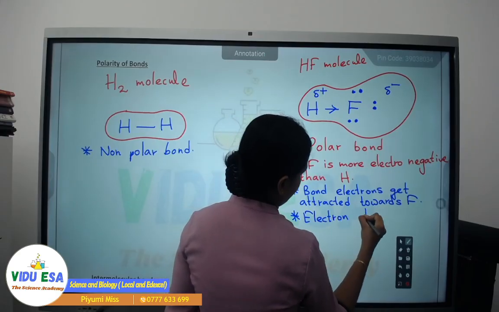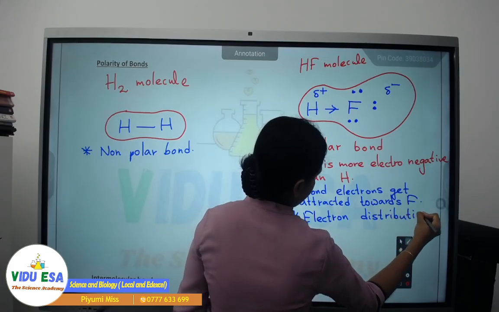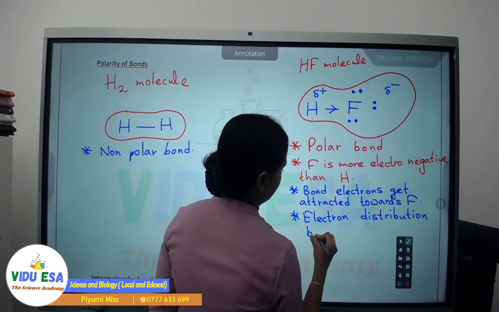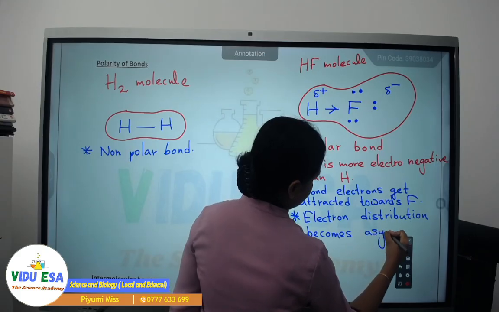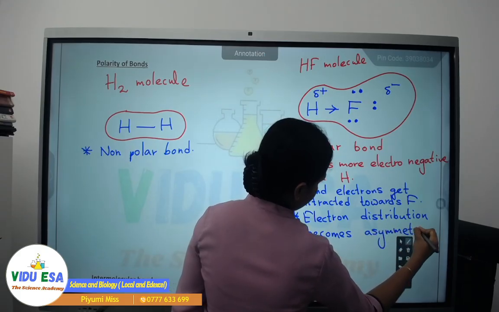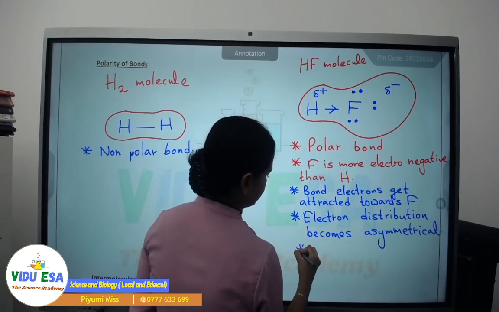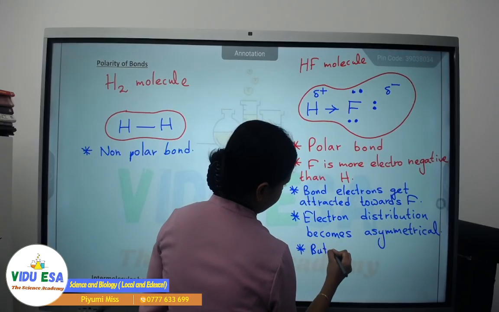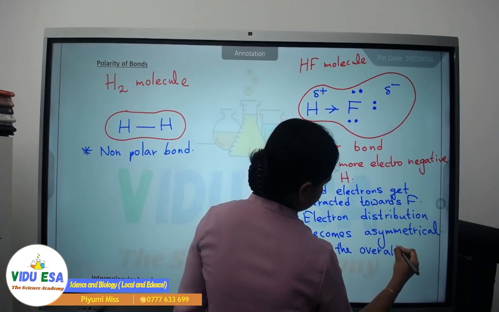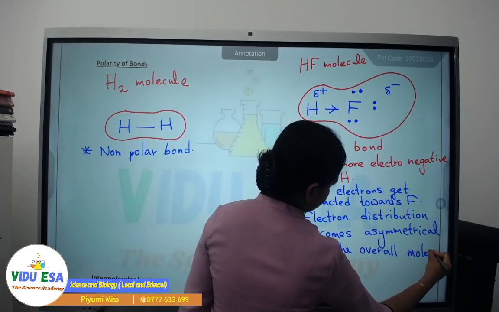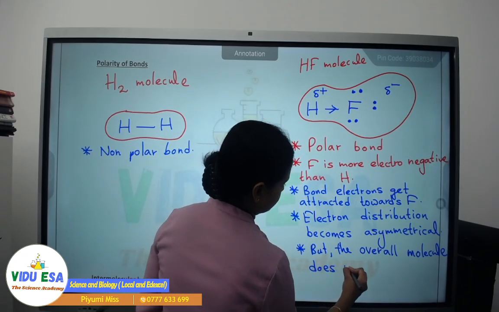Electron distribution becomes asymmetrical. But the overall molecule does not have a charge.